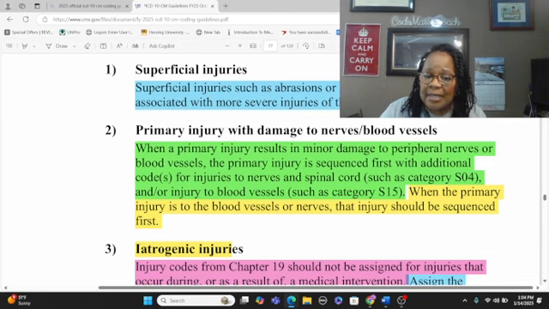When the primary injury is to the blood vessels or nerves, that injury should be sequenced first. Because the mindset is anytime you're on the top layer, that's superficial. But when you get down further into the nerves and the blood vessels, those should be sequenced first.